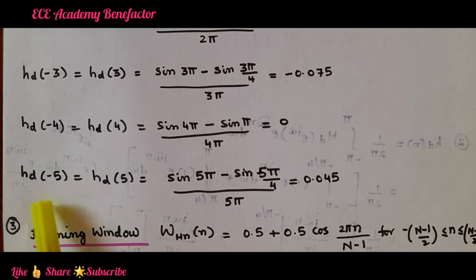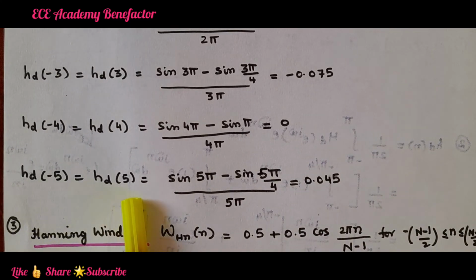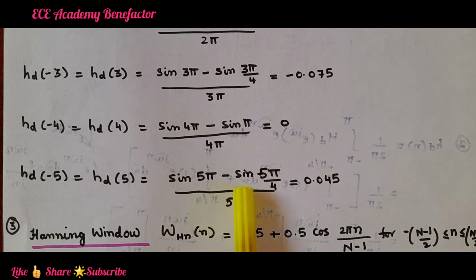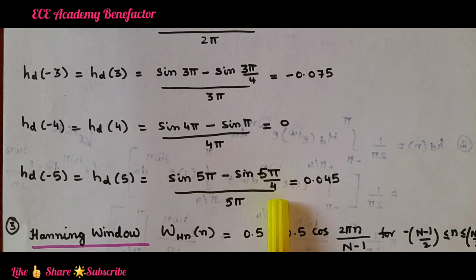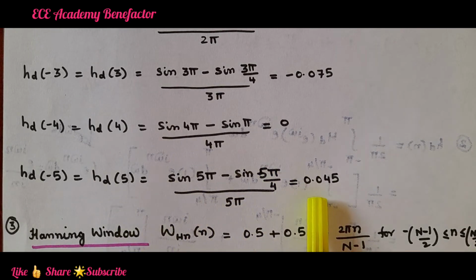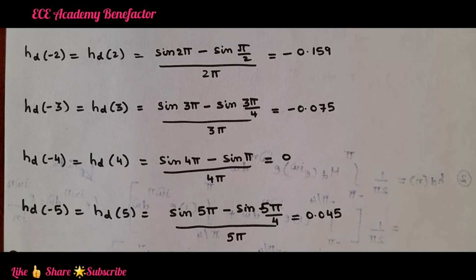Next step, hd of minus 5 is equal to hd of 5, which is sin 5 pi minus sin 5 pi by 4 by 5 pi. On simplifying, we will get the value 0.045. Next step is to write the definition of Hamming window.